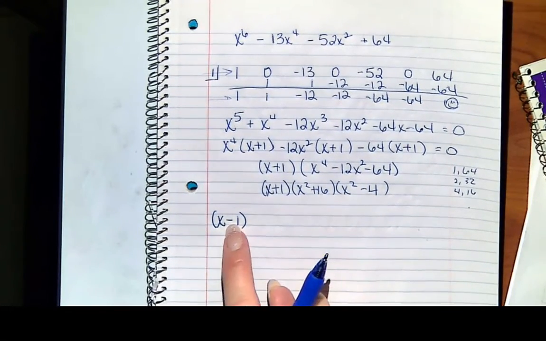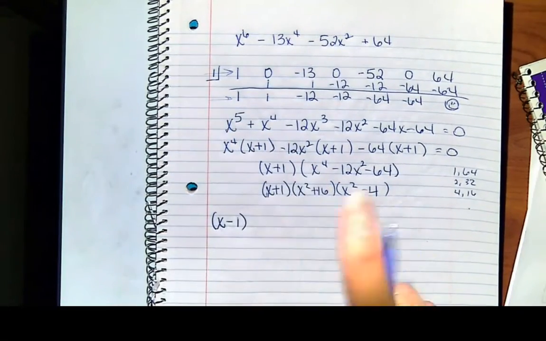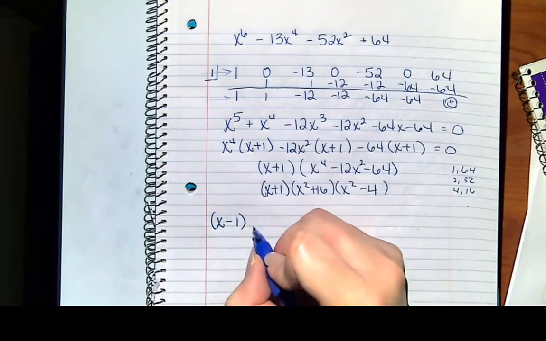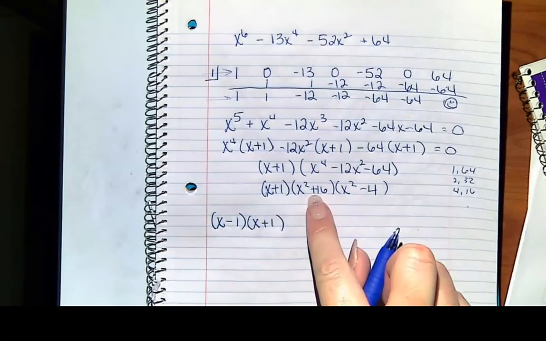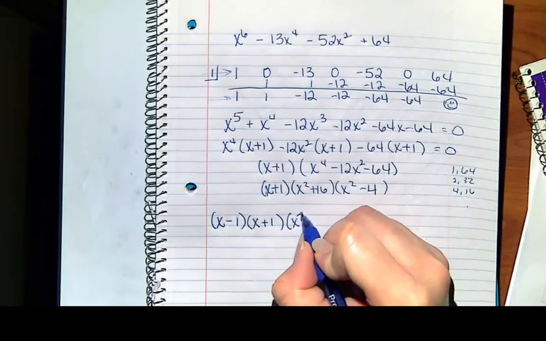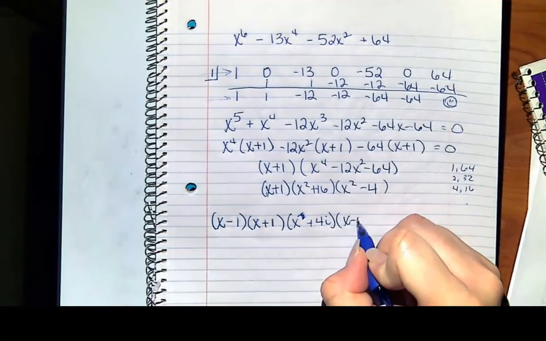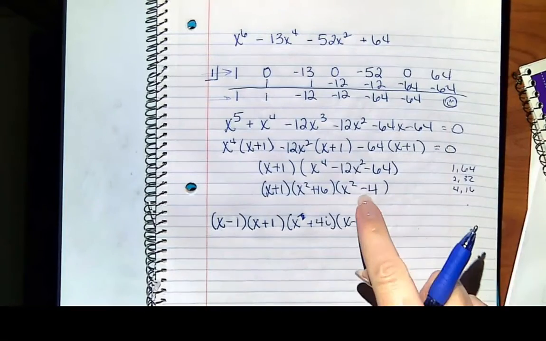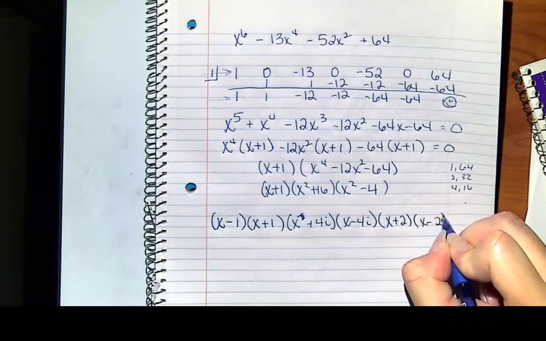So I have an x plus 1 from guessing and checking. I've got another x minus 1 from guessing and checking. I've got an x plus 1 that I found here. This is the sum of two squares. So he's not an x squared. He's an x plus 4i, x minus 4i, and then this becomes x plus 2, x minus 2.